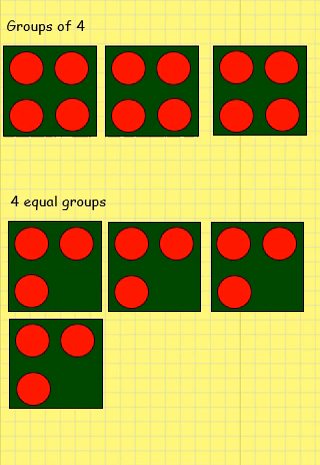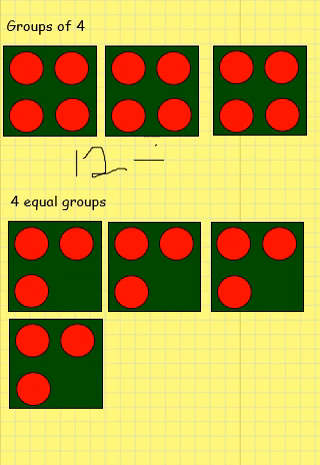If we have a look at our 2 differences, the first one is groups of 4, where we can see that there are 4 in each group. And at the bottom, we've got 4 equal groups, divided into groups of 3. If we were to write the calculations, they would actually be the same.